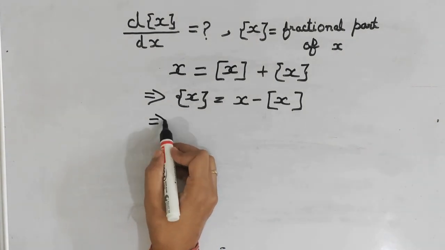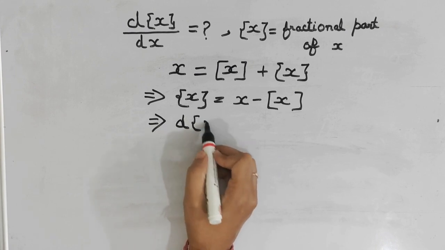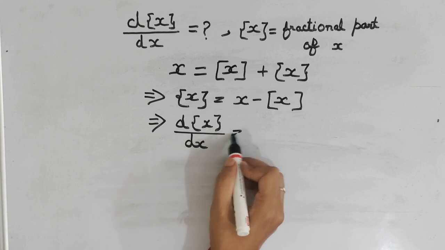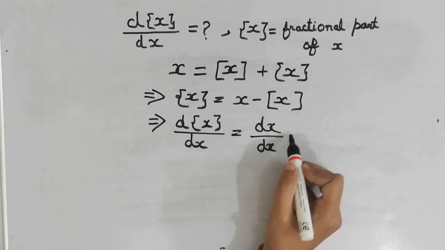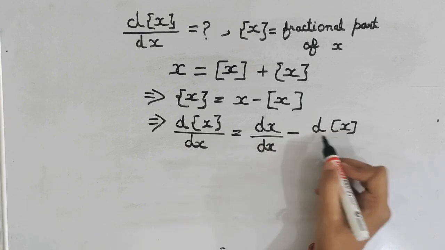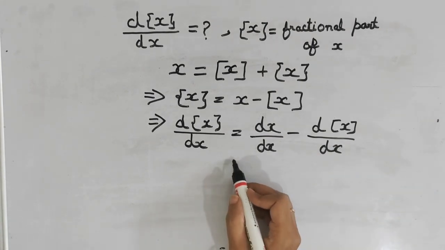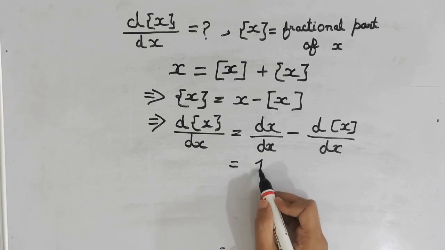Now, if I take the derivative on both sides, we would have d over dx of the fractional part of x equal to dx over dx minus d over dx of the greatest integer function of x. Okay guys, what's the derivative of x with respect to x? We know it would be 1, right?